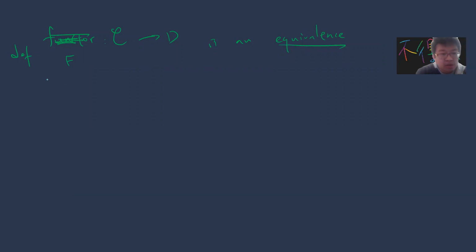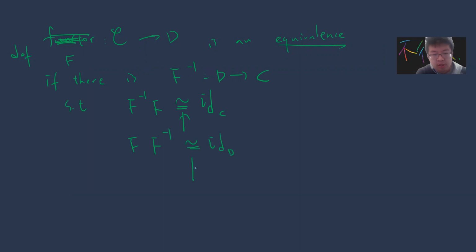If there is, let's say, F inverse, another functor from D to C, called a quasi-inverse, such that F inverse F is isomorphic to the identity on C, and F F inverse is isomorphic to the identity on D. This isomorphism needs to be a natural transformation.